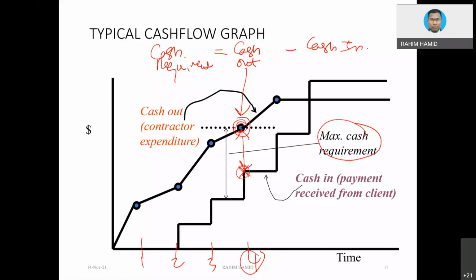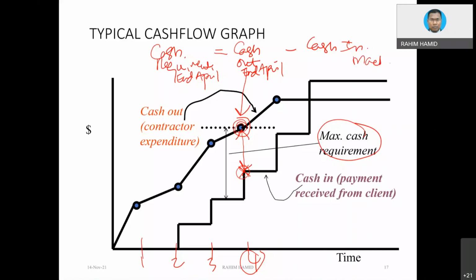So that's why the definition of cash requirement, let's say for the month of April, is being defined by cash out in the month of April, end of the month, minus cash in March.